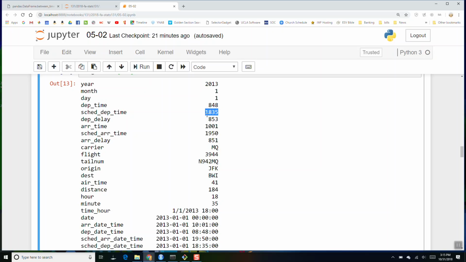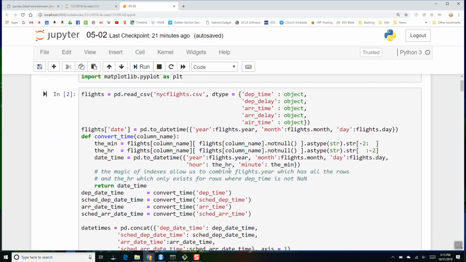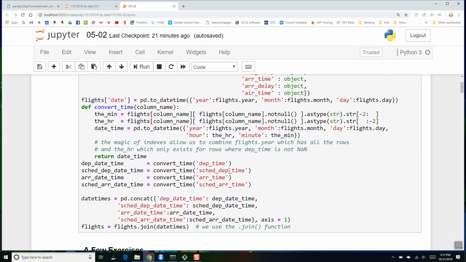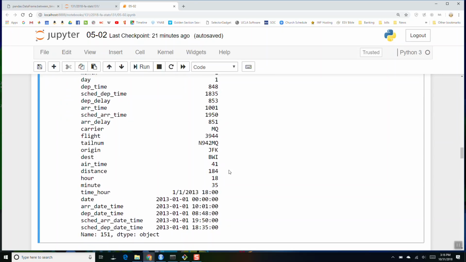So basically, what happened is that it was scheduled to leave 6:30 in the evening, and then it didn't leave until 14 hours later at 8 in the morning the following day. Okay, and we didn't account for this when we did our cleanup. When we did our cleanup, we just said take the date, chop it up, and append that. And so when we look at the arrival date and the departure date and the scheduled, the scheduled departure date was January 1st, 2013, 6:35 in the evening.